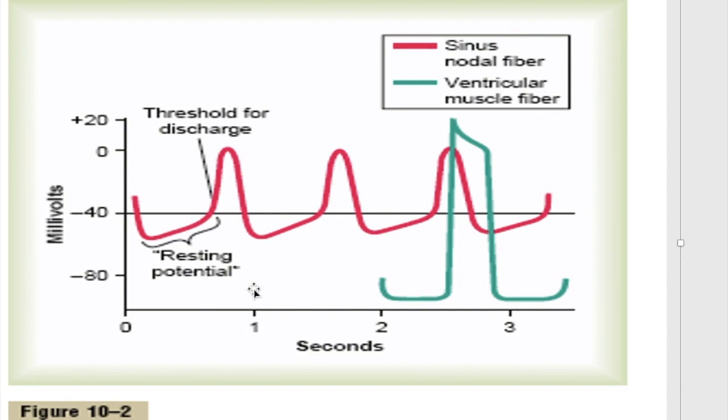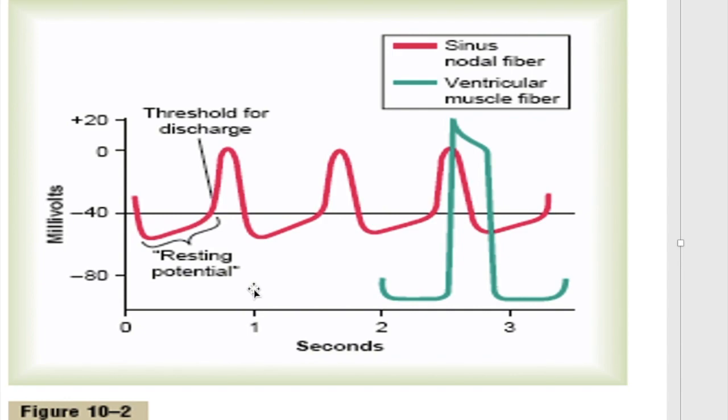So there is one type of action potential which is seen in the contractile myocytes and in the Purkinje fibers, and that is a fast action potential type which consists of 5 phases, from phase 0 to phase 4.